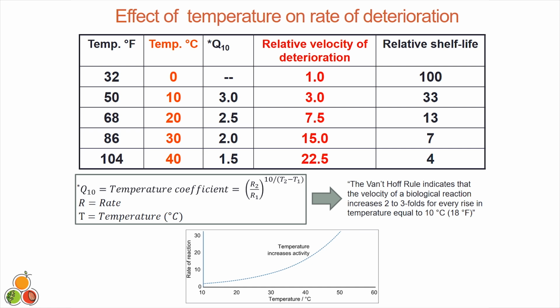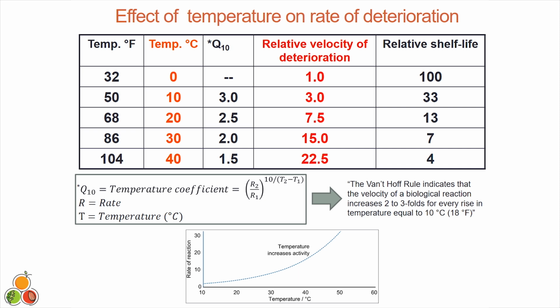As was probably already mentioned before, the effect of temperature is typically not linear. By that, I mean if we increase the temperature by 10 degrees Celsius, we're going to increase the biological activity up to 3 or in certain cases 4 times, depending on the respiration rate of the produce. Something like a strawberry is probably along the larger end.